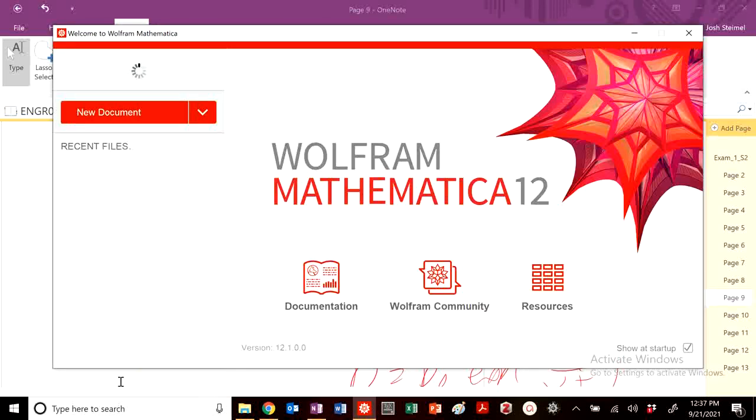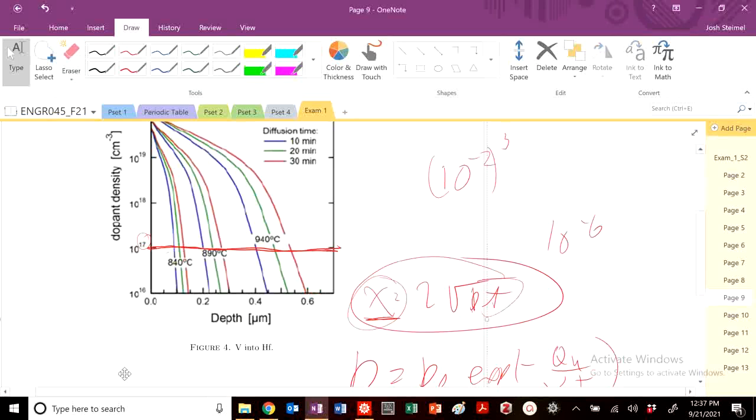So I'm going to pick some distances that look nice. For example, I like this distance right here, because if I draw a line here, that's basically 0.1. So here my distance is equal to 0.15, call this micrometers.